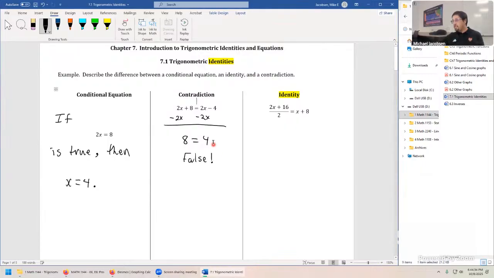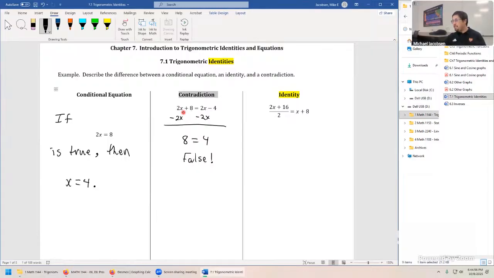So it doesn't matter how weird the math class gets, this is a false statement. But what makes this a bona fide contradiction is that the falsity of this resulting statement that flowed from the original equation had nothing to do with x. Pick any x you want, and you have a false statement out.